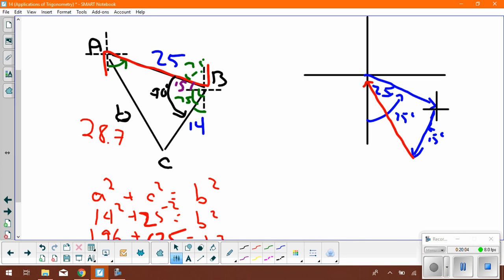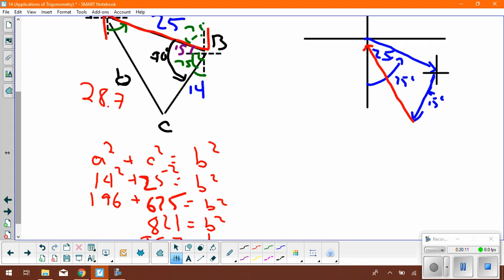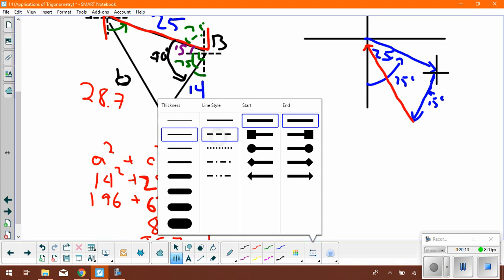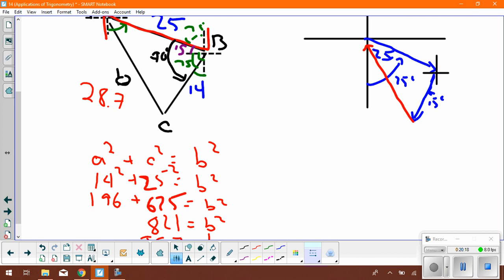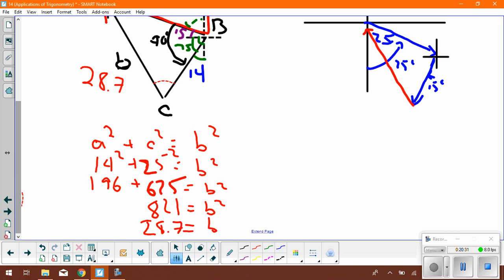Now I'd like to know what direction the boat has to travel. So I'm going to go down to the bottom here. We've got to find the angle in the bottom corner right there. That's angle C. Again, this is a right angle triangle, and my diagram up there is very messy, but maybe I'll try to draw that out one more time down here.